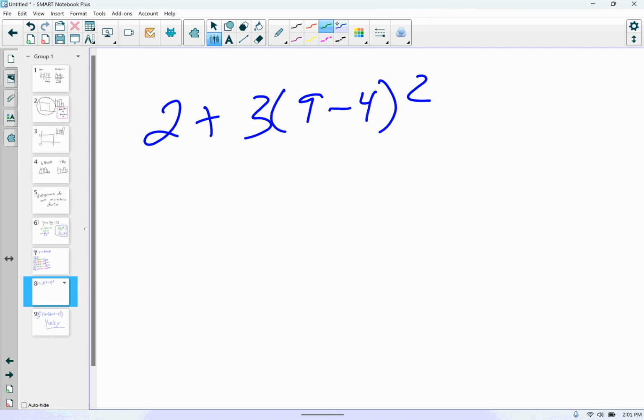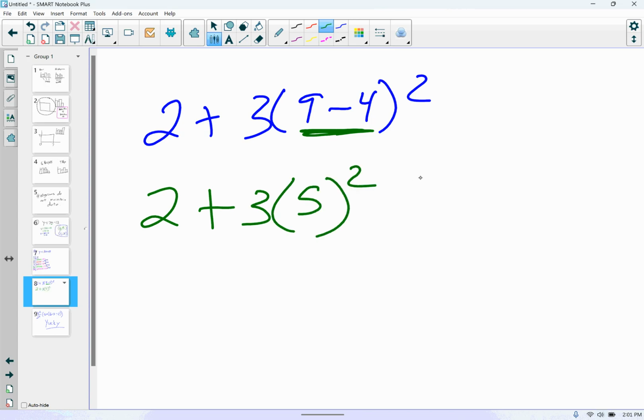Order of operations on this board. Should I go 9 minus 4? Or should I distribute 3 over the parentheses? Or should I square the 9 and square the 4? What do you think? Yeah, we're going to take care of 9 minus 4 first to get to there.